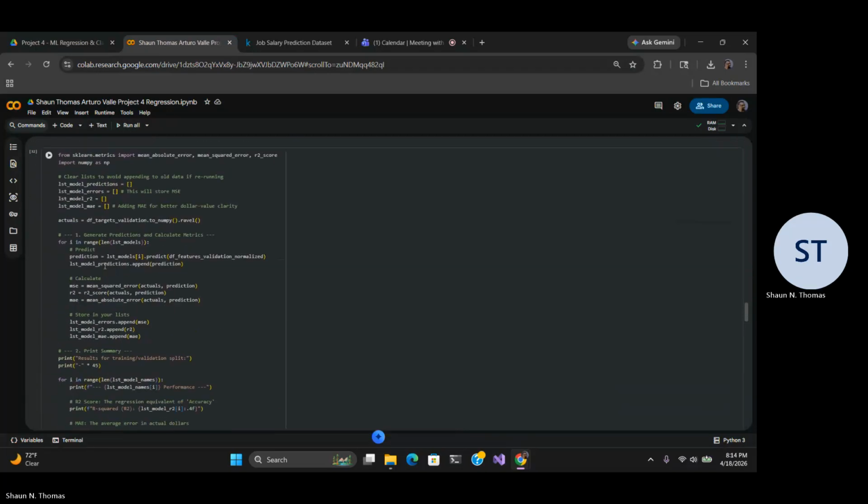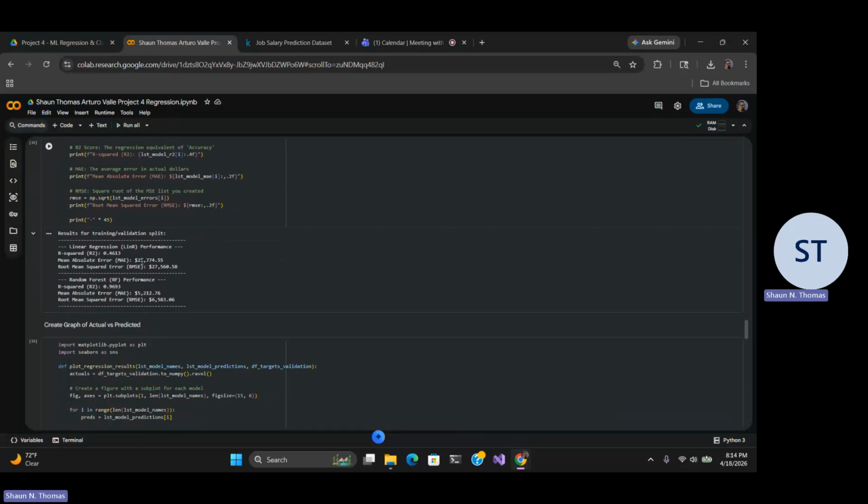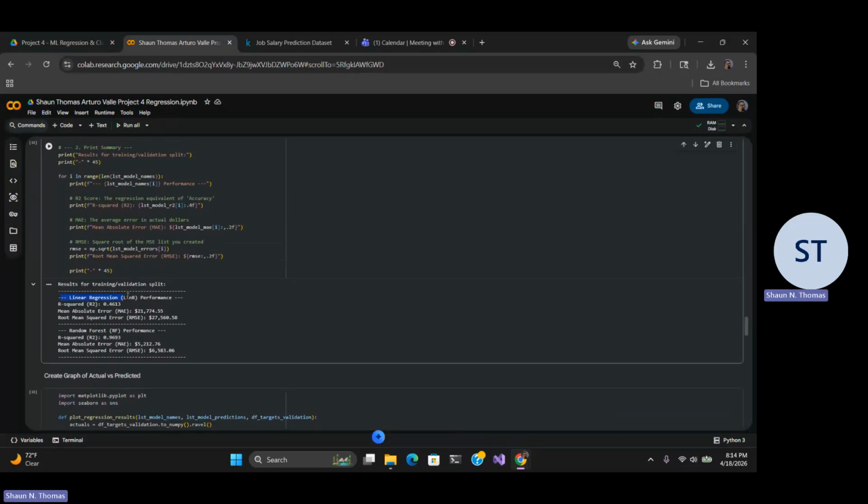And here's the error margin using root mean squared error as a metric. For linear regression, we had an R squared value of 0.4613 compared to 0.963 on the random forest model. And then mean absolute error.